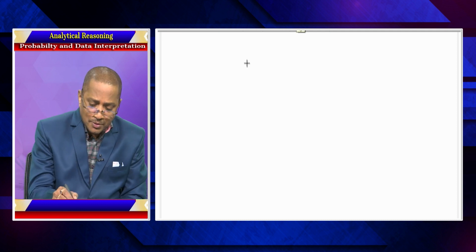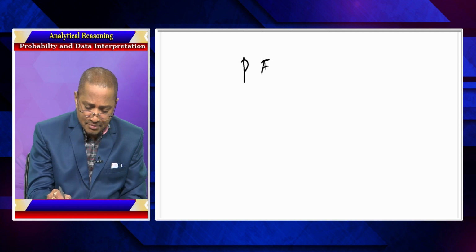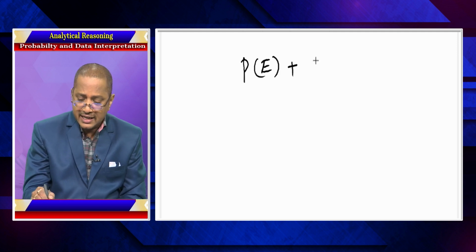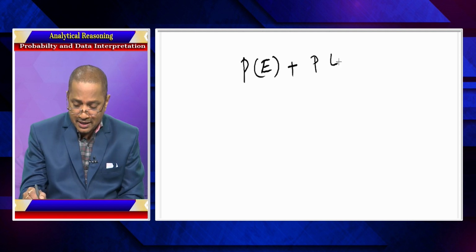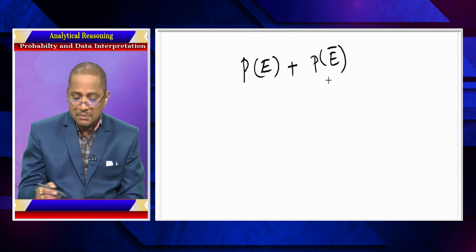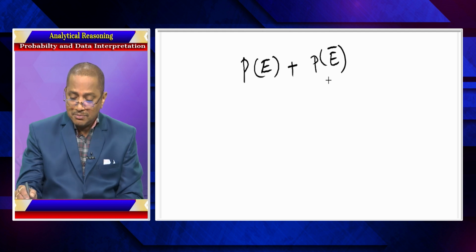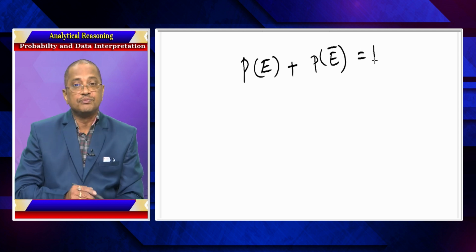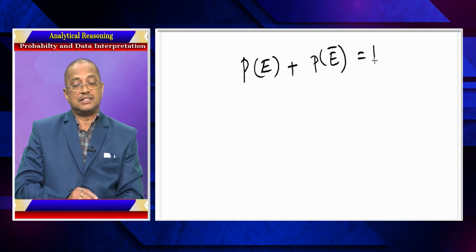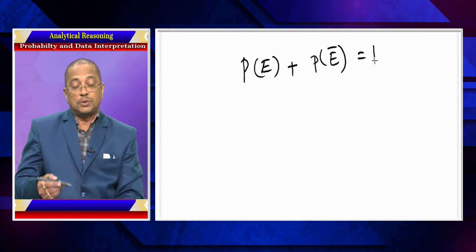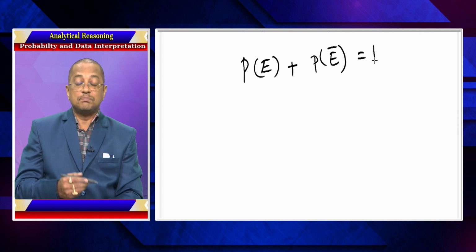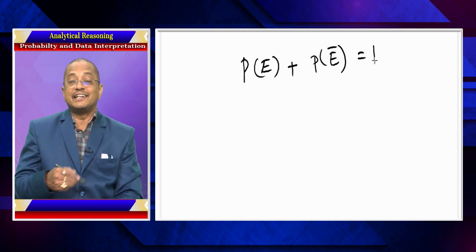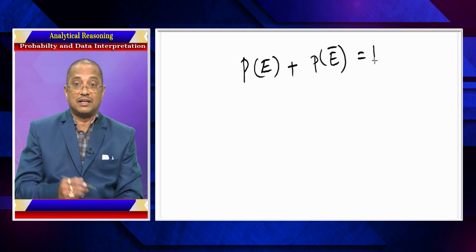Here the probability of an event, say P of E, and the complement of the event, that is E bar, we will say P of E plus P of E bar is equal to 1. This is a very important relation. Means probability of getting an even number, if we say P of E, then the probability of getting not an even number is P of E bar.